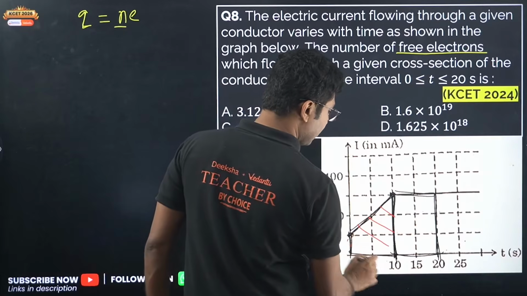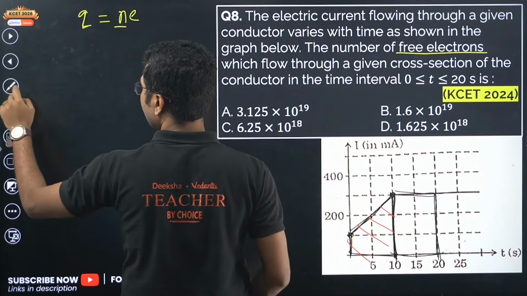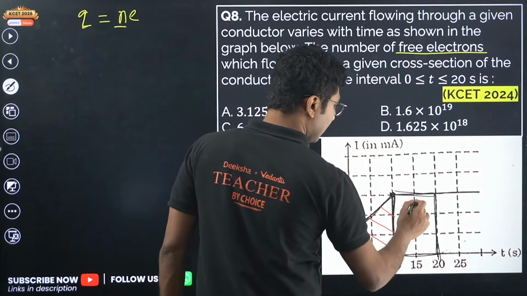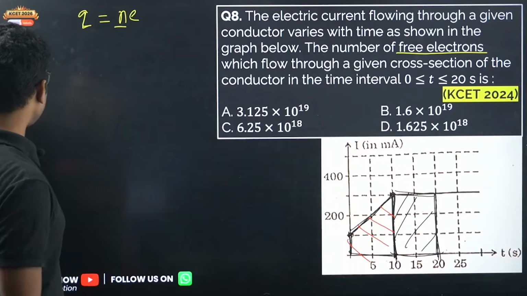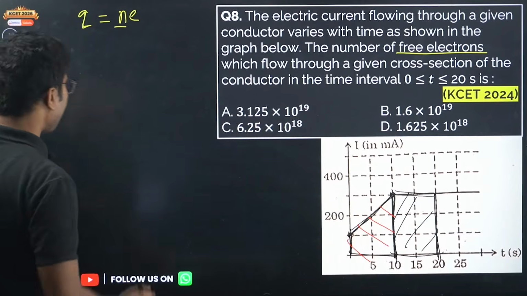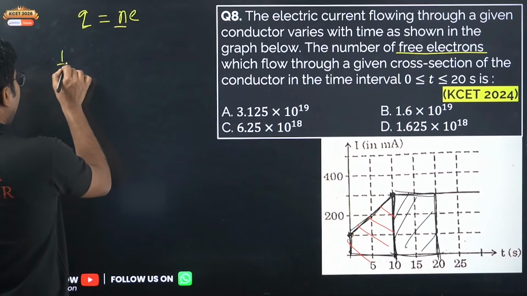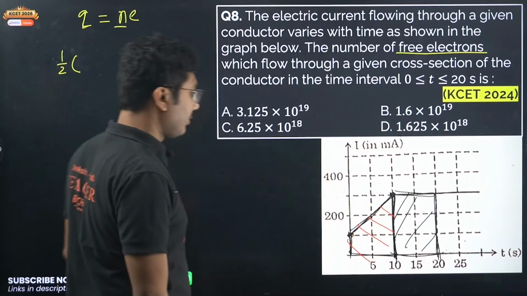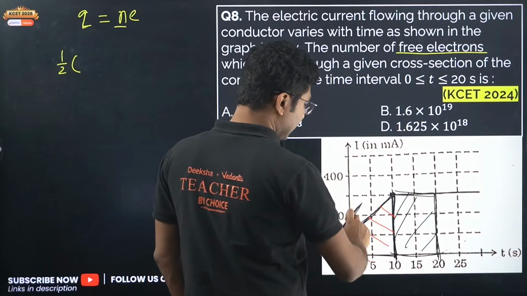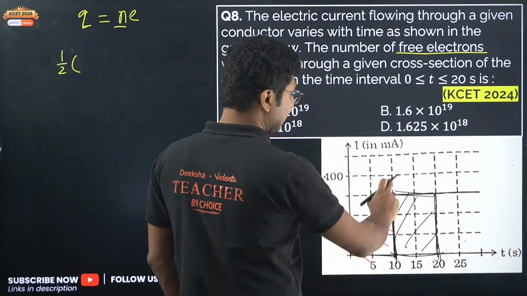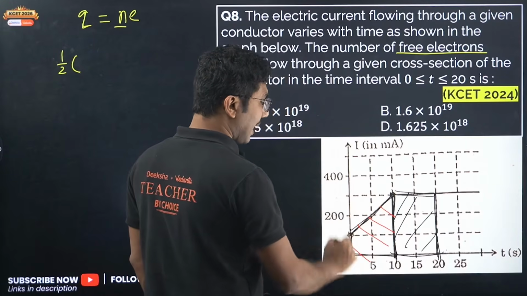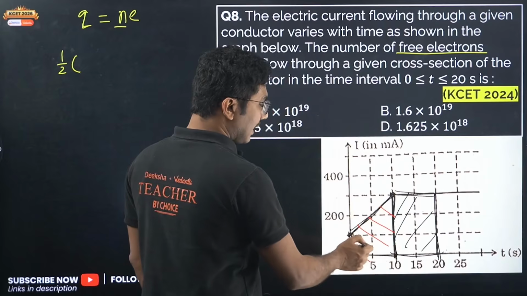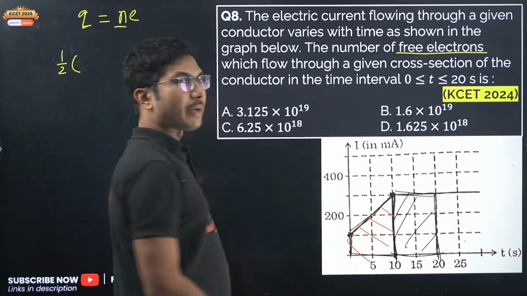So this is the trapezoid, and this one is the rectangle, right? So how to find the area of a trapezoid? The area of a trapezoid is given by half into the sum of the parallel sides. In a trapezoid, two sides are parallel and two angles are 90 degrees, but another side is not parallel.